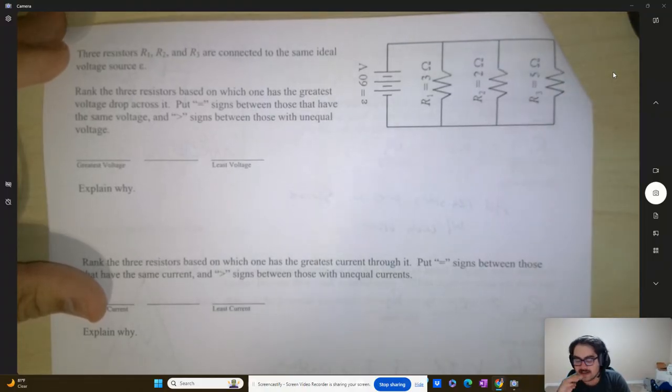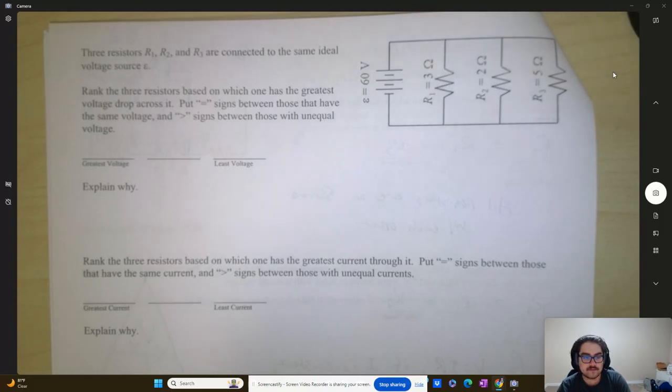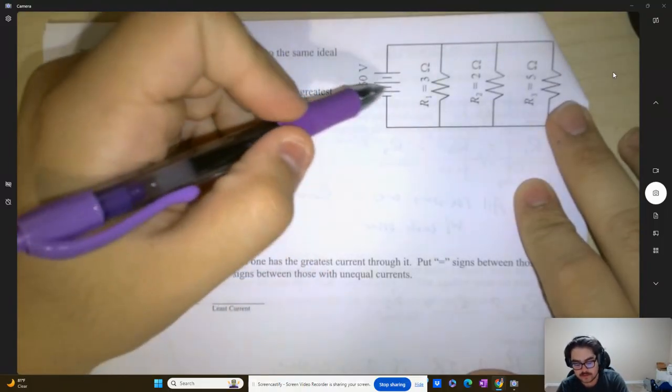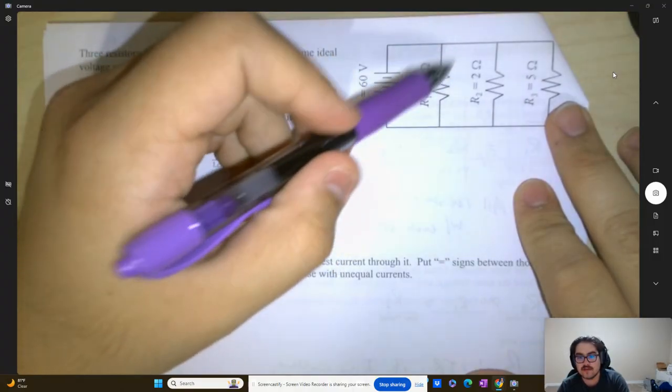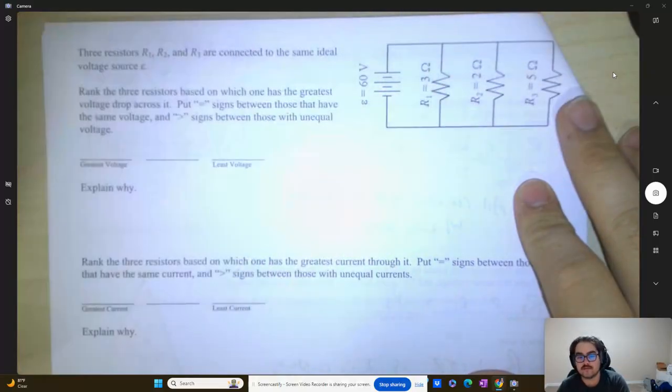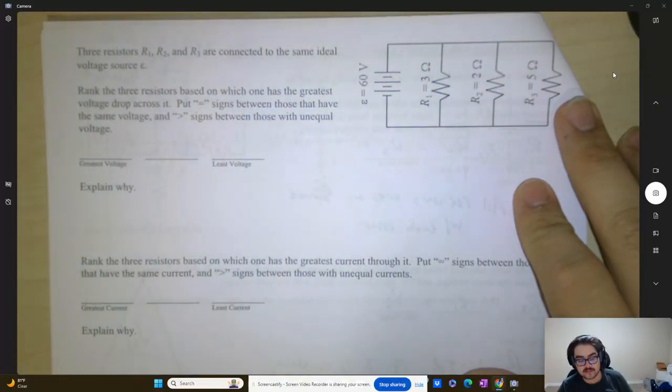Well, this is in parallel. So by the parallel rule, the voltage across everything in parallel is the same. Everything's in parallel here. The battery is in parallel with R1, which is in parallel with R2, which is in parallel with R3. So everything should have the same voltage across it.